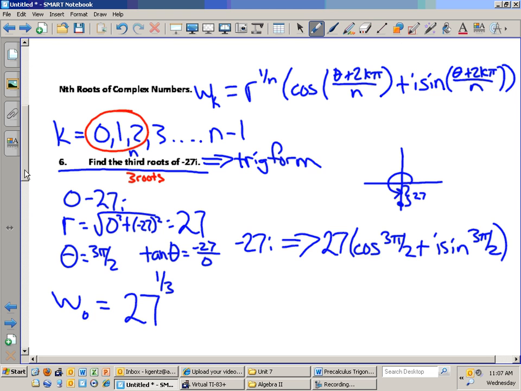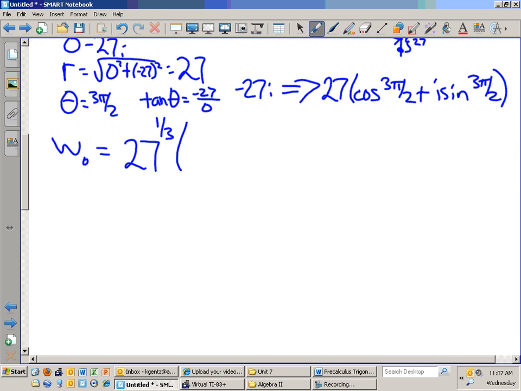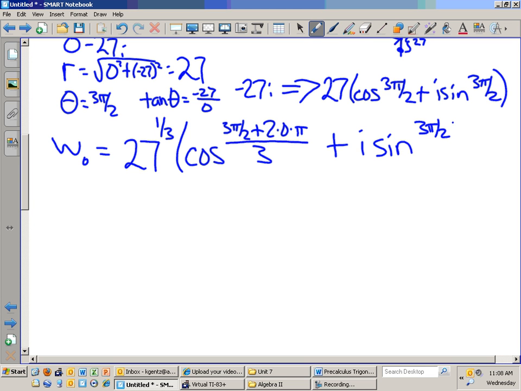So third root, so 1 over 3 times the cosine of theta, which is 3 pi over 2, plus 2 times k, 0, times pi, divided by n, which is 3, plus i times the sine of 3 pi over 2 plus 2 times 0 times pi, divided by 3.